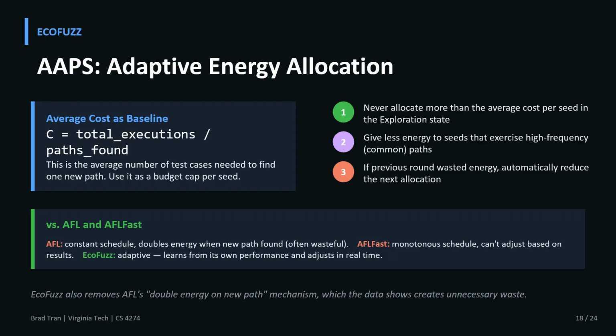If energy is being used efficiently, the rate holds steady or increases. This is fundamentally different from AFL's constant schedule and AFLFast's monotonous schedule. EcoFuzz creates a feedback loop in which the scheduler learns from its own efficiency in real time.